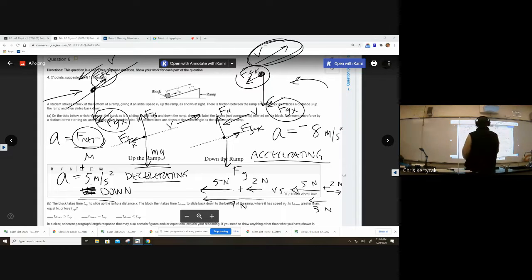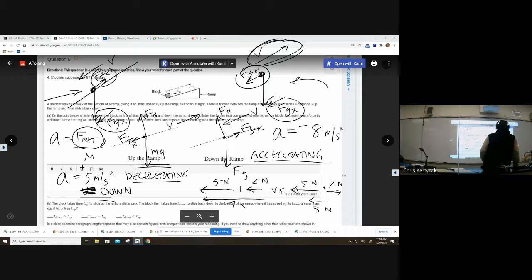So my point is, again, when going up or down a ramp, the net force isn't the same in both cases. When going up a ramp, which is on the right side of my screen, both the friction force and F(gx) are pointing down the ramp. They combine to provide a larger unbalanced force, meaning that it'll slow down really quickly because it's going up the ramp.